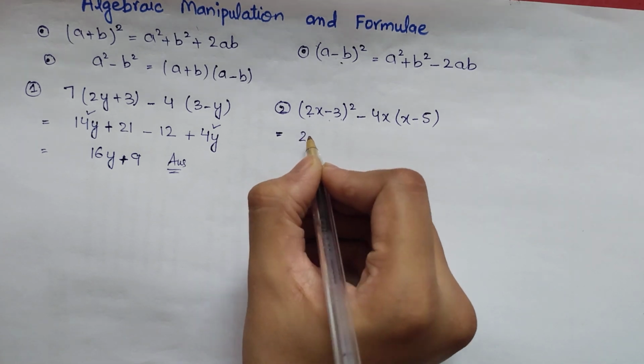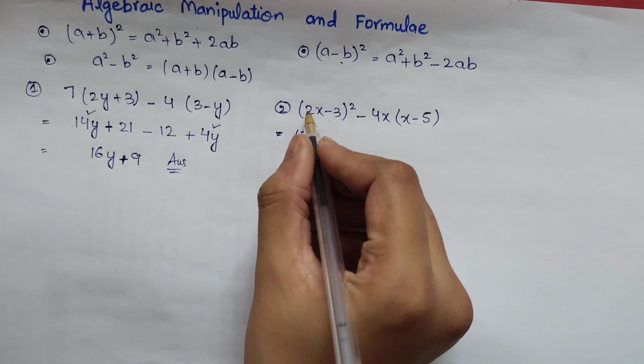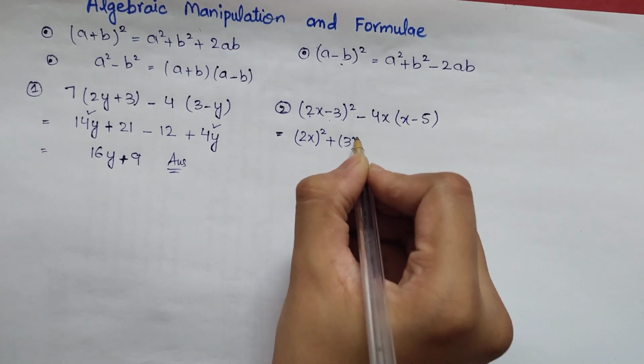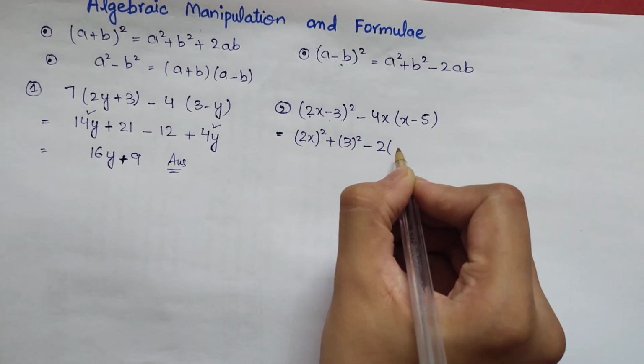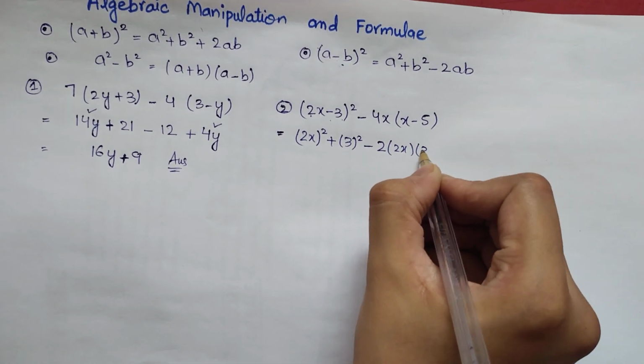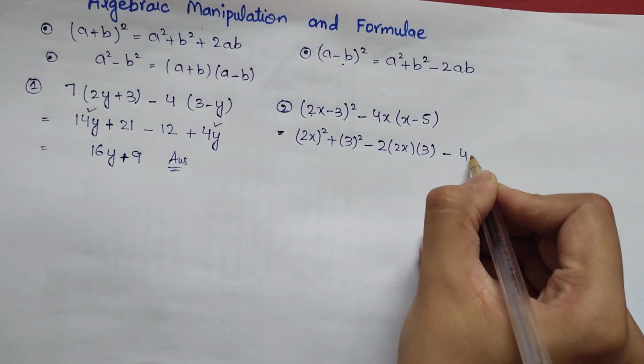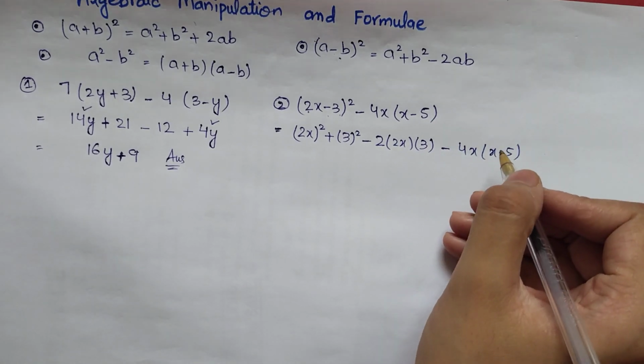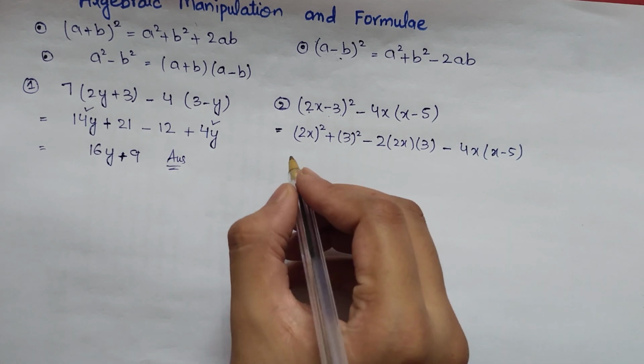It is a square. Here the role of a is played by 2x, plus b square, 3 square, minus 2, where a is 2x and b is 3, minus 4x into (x − 5). I wrote it as it is for now.